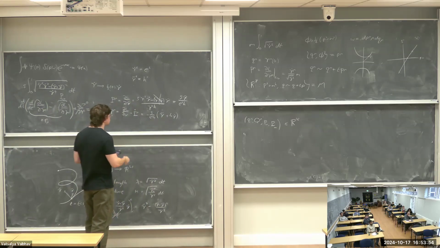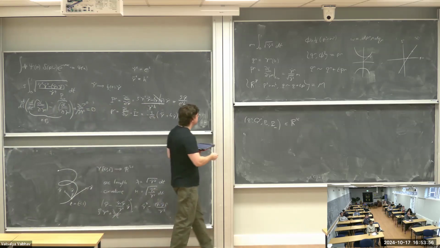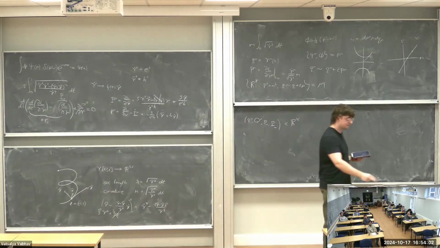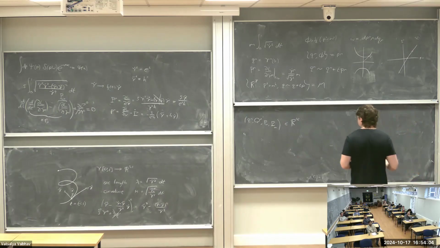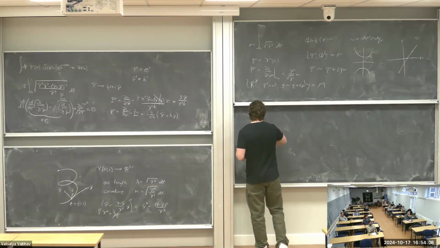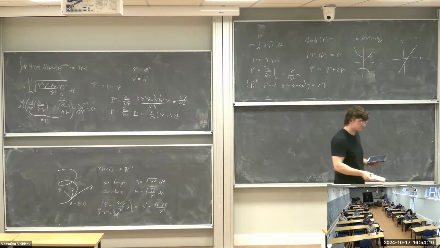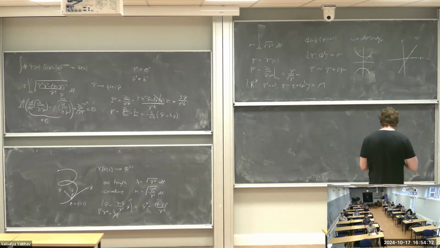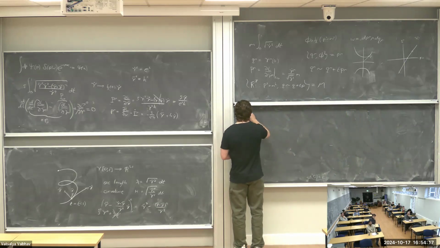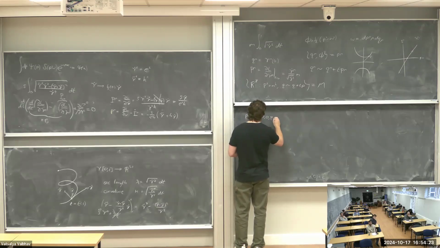So a solution of this equation looks like, an example solution is, let's say I take P mu to be P0, 0, 0, P0.